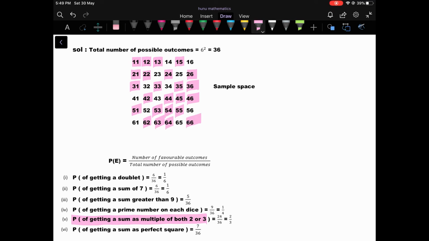So altogether we have 24 of them. Thereby the probability is 2 by 3.